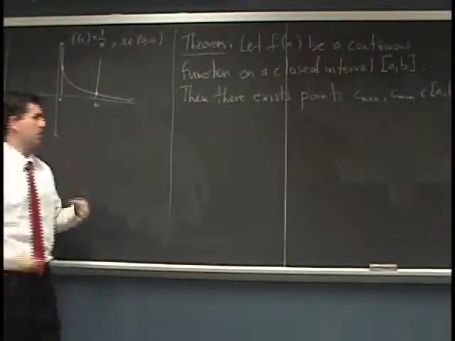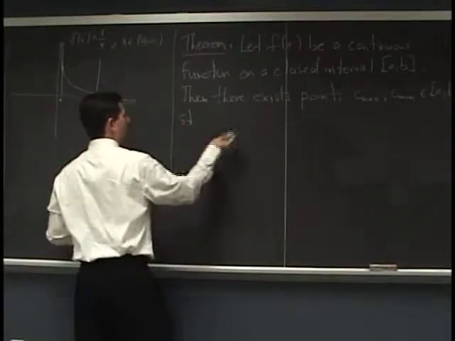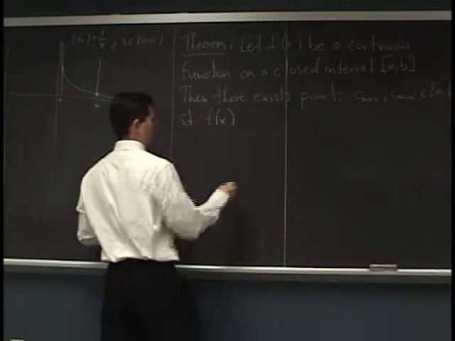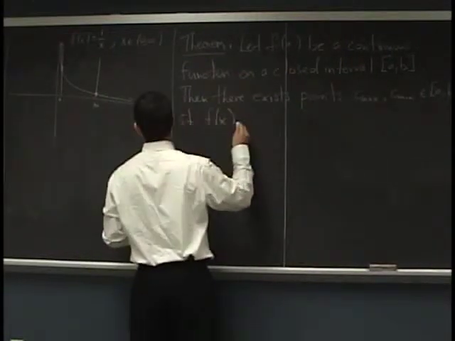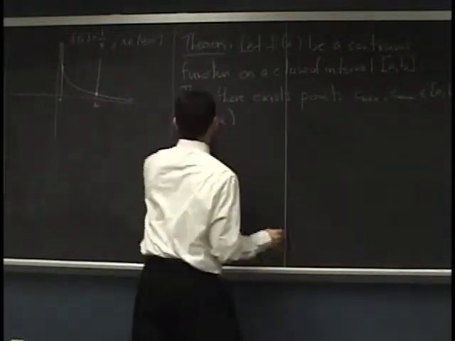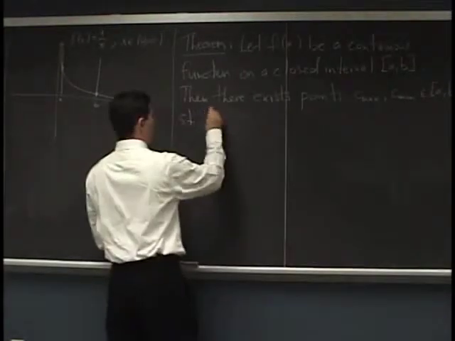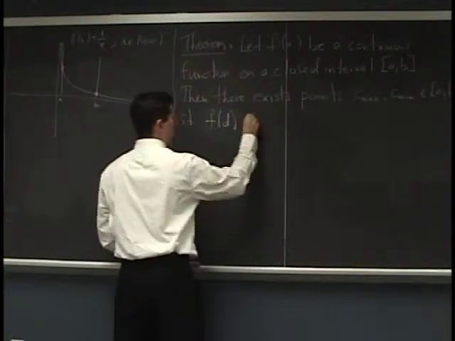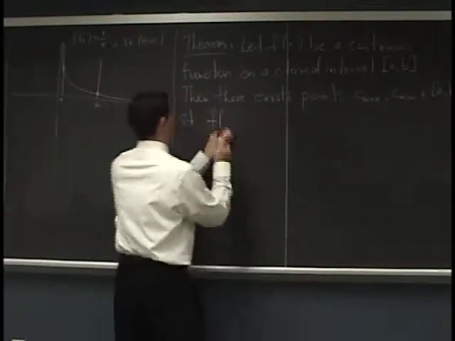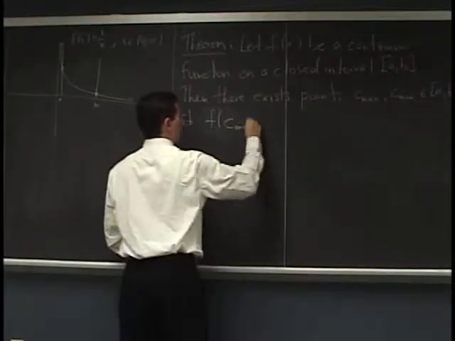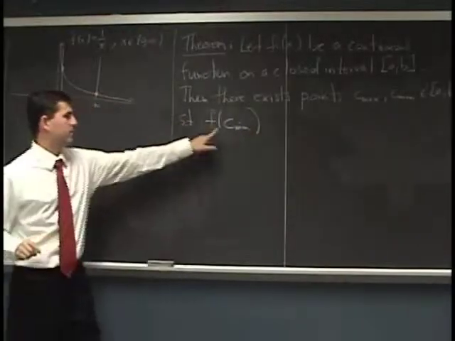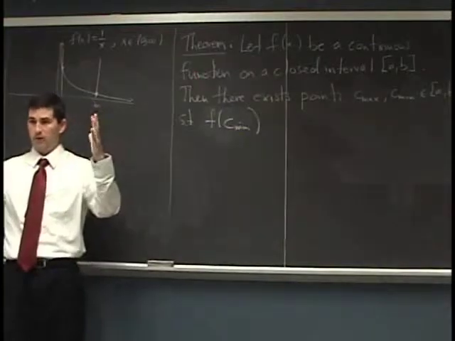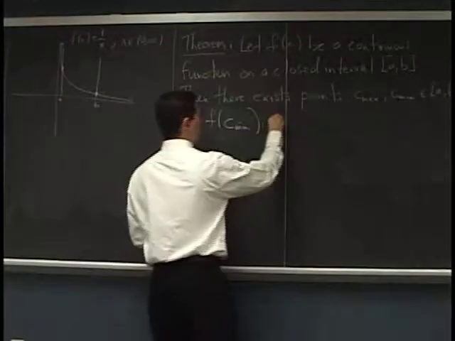I just call them C max and C min, such that, let's say, f of C min. If I apply this function at C min, I want this to be the smallest possible value of f on that interval.